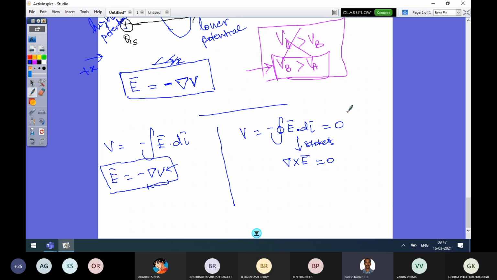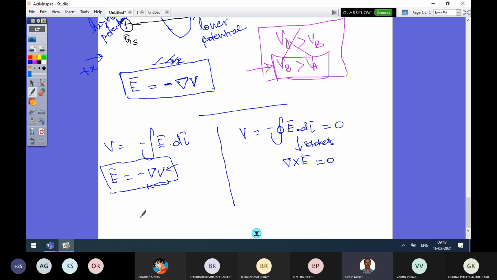This equation is one of Maxwell's equations. This is only applicable under the static electric field. When we move to further modules and discuss the dynamic case, if the field is varying with respect to time, this is not true. Curl of electric field will not be 0. We will discuss that later.